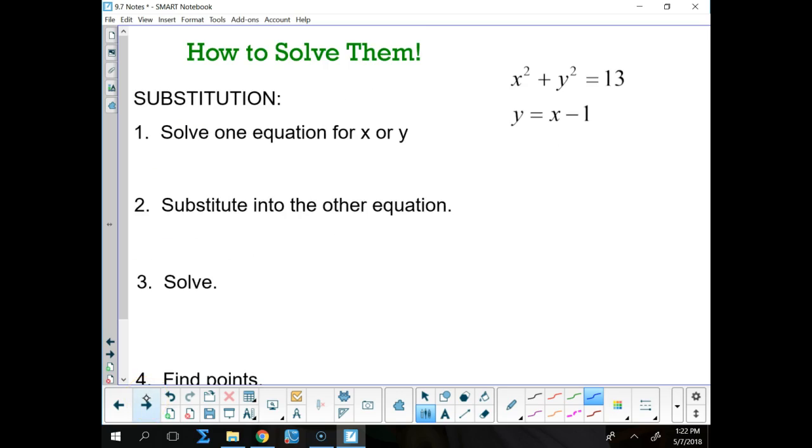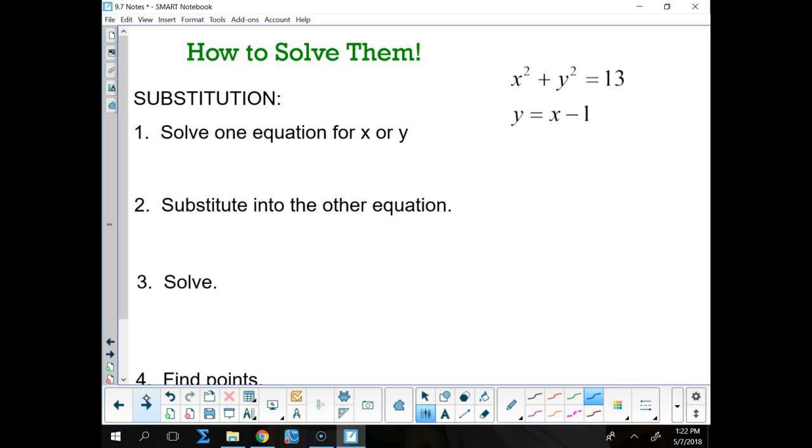One way to solve these is using substitution. If I'm using substitution, the steps are basically the same as they were in February when we did substitution back then. We're going to solve one of our equations for x or y.